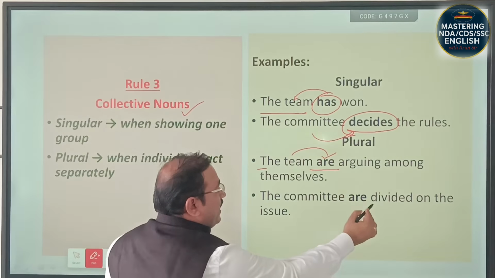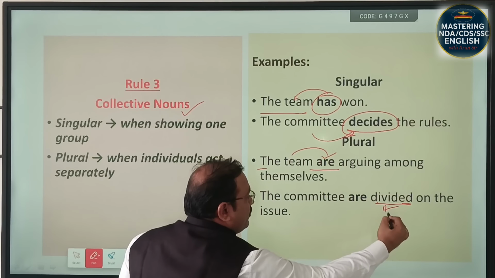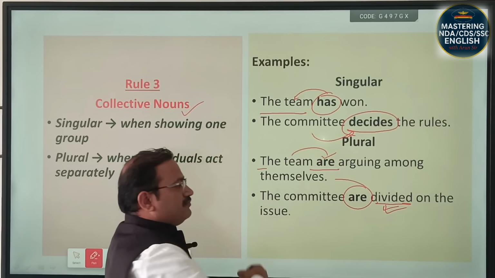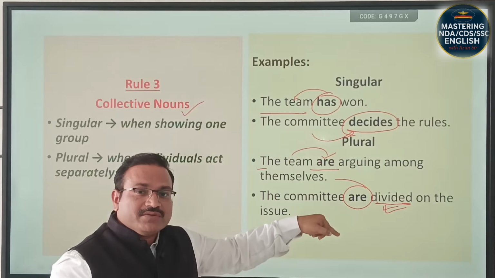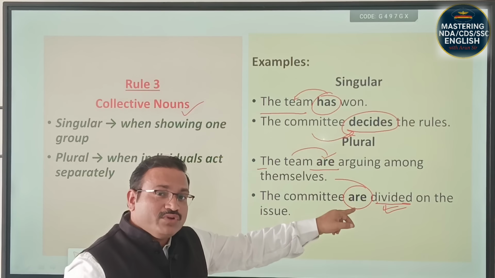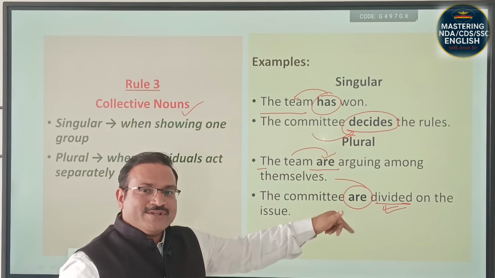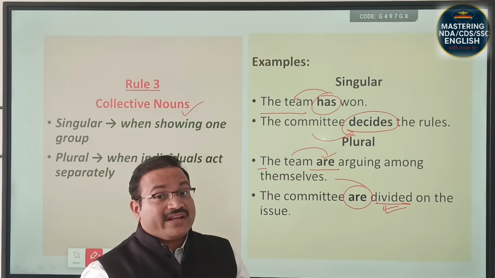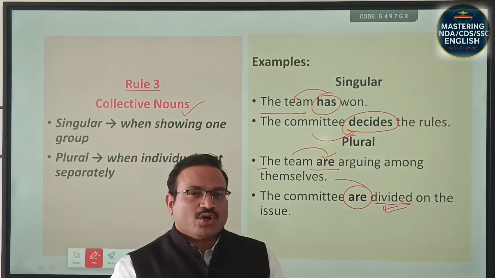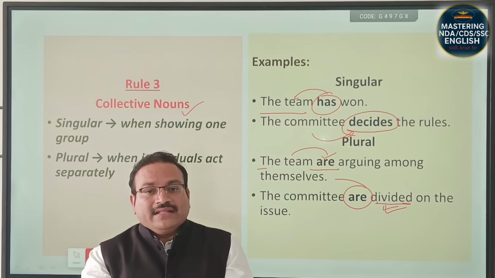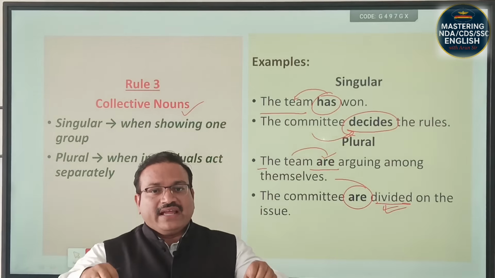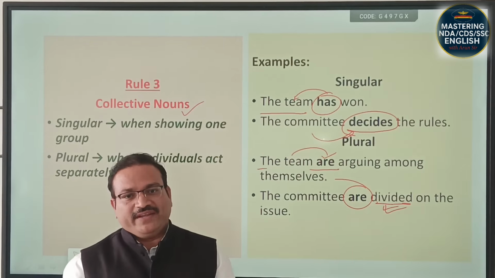The committee are divided, not united, not unanimous. So that is why the committee here becomes plural and takes a plural verb. So collective nouns are singular and plural both based on their behavior. You have to see whether they are together, united, or the members are separate and acting individually.